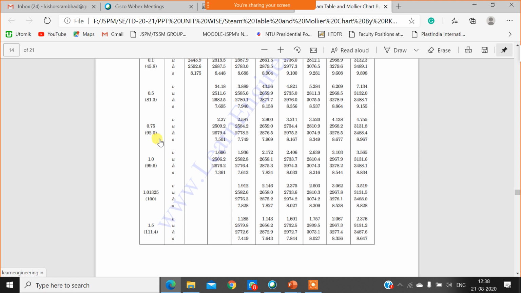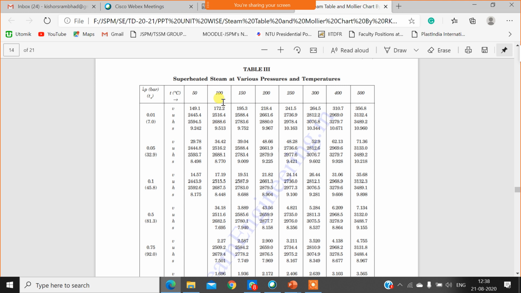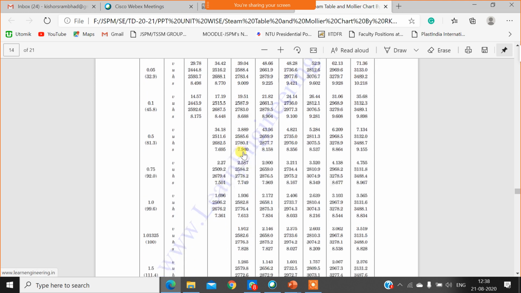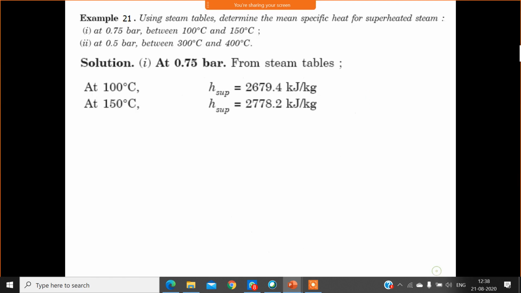It means at 100 degrees Celsius and 150 degrees Celsius, it is superheated. This is 100 degrees Celsius in the second column and this is 150 degrees Celsius. For 0.75 bar, enthalpy is 2679.4, and for 150 degrees Celsius, 2778.2. These are the values of enthalpy of superheated steam from the steam table.